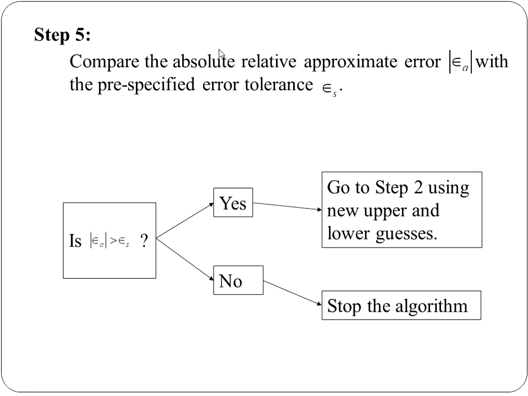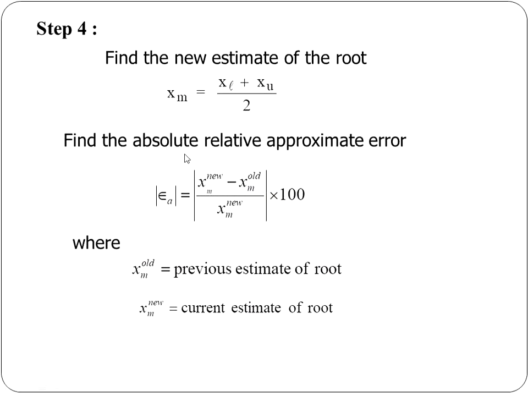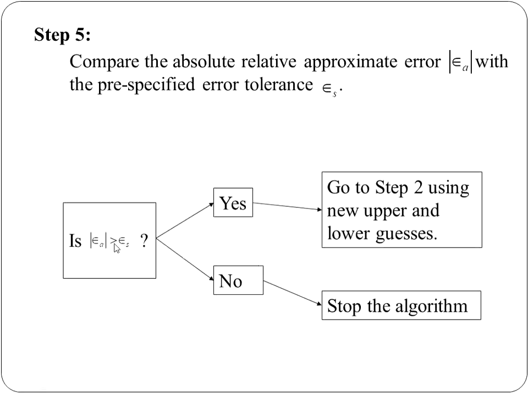But sometimes they will ask you to correct your answer up to 3 decimal places, or up to 4 decimal places. At that time you have to use the accuracy based approach. It means you have to always check this error, the absolute relative approximate error. If it is less than the tolerance, you can stop the algorithm.